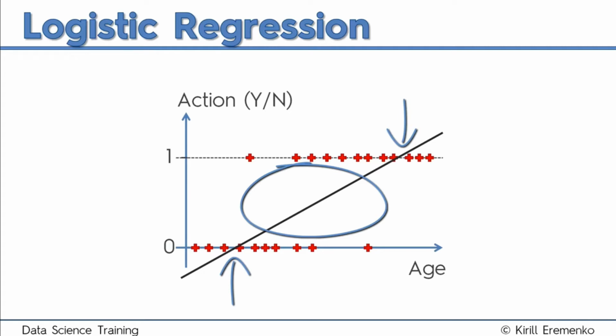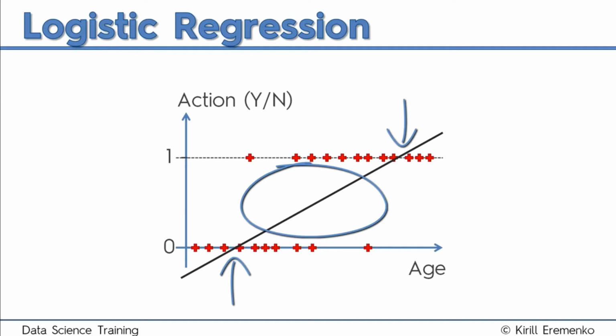So any person that falls in between that age, there is a probability of them taking up this offer, and that probability is increasing as we move to the right.